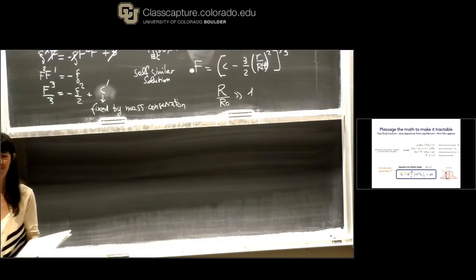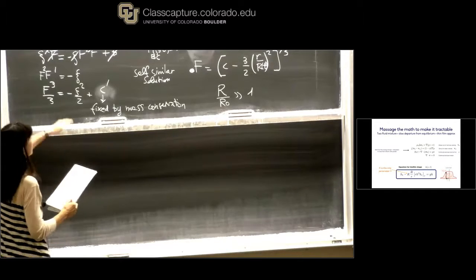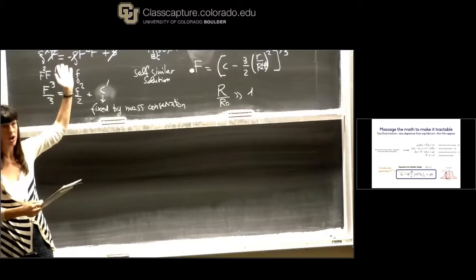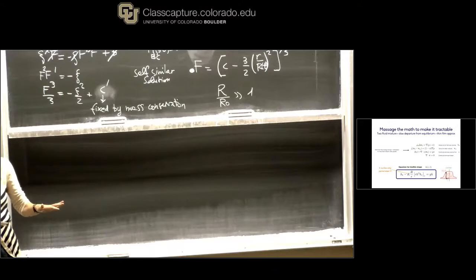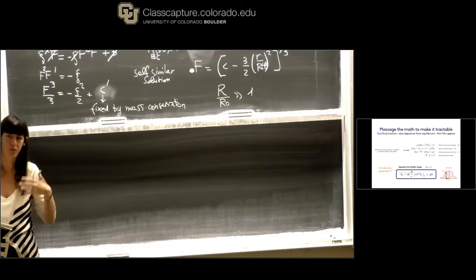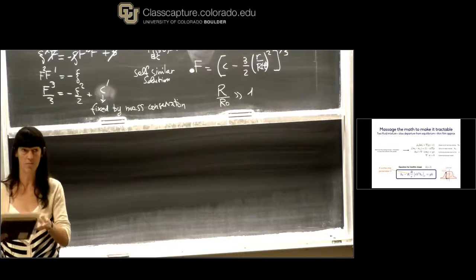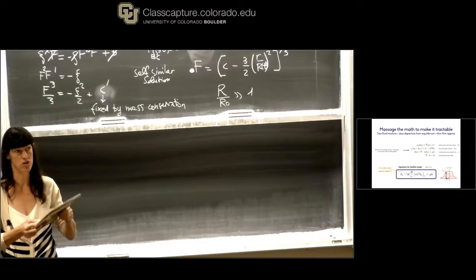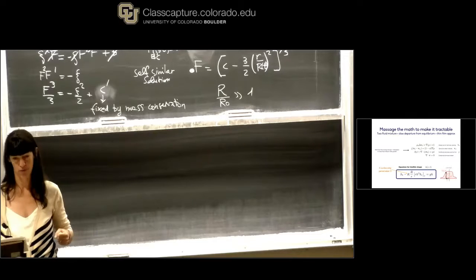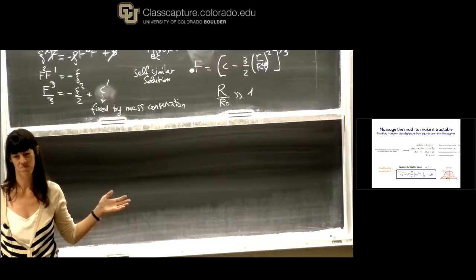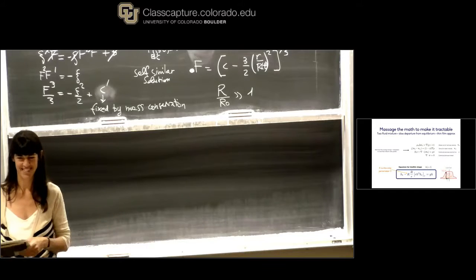You make these ansatz, you have no idea whether it works or not, but if you find a solution, that's already good, because then you can start thinking whether you expect this to be right or wrong in some regimes or others. The bottom line is you couple asymptotic arguments with numerical simulations, and that's bulletproof. Not mathematically, but we're not mathematicians.